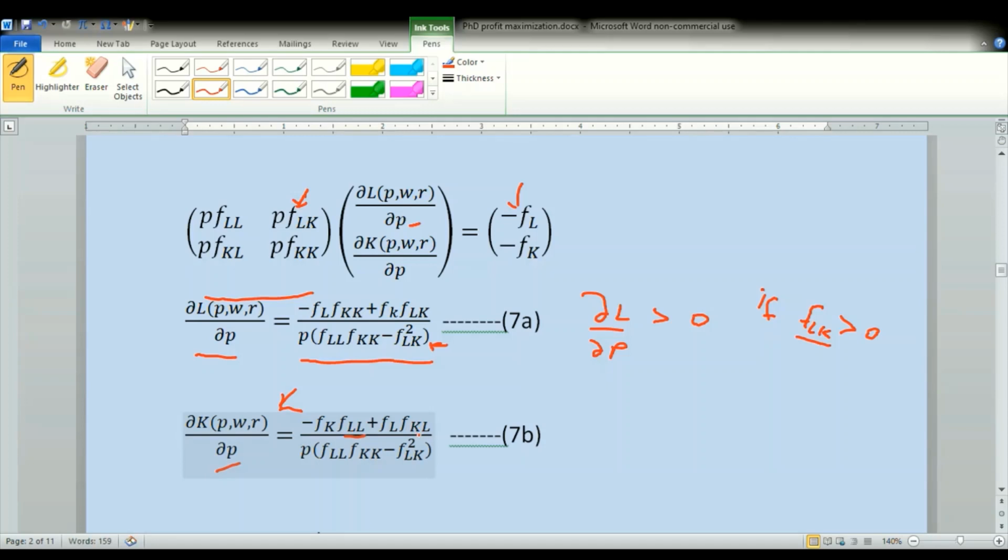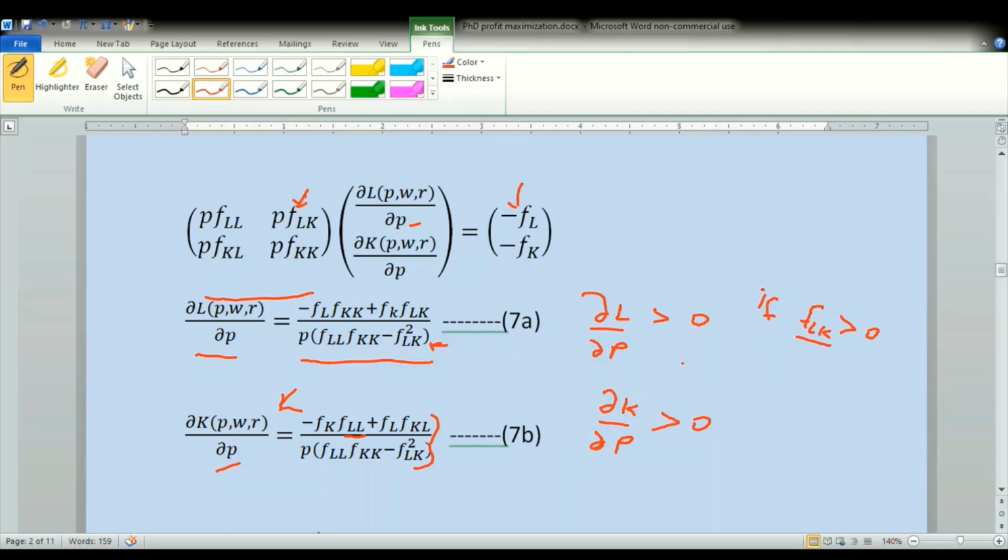And again, if we are assuming FLK or FKL is greater than 0, then this entire ratio becomes greater than 0, and so we have delta K over delta P greater than 0, indicating that as the price of output increases, because the firm might be producing more, the amount of capital employed will be increasing, and so we will see P and K moving in the same direction. This is something that normally is expected.